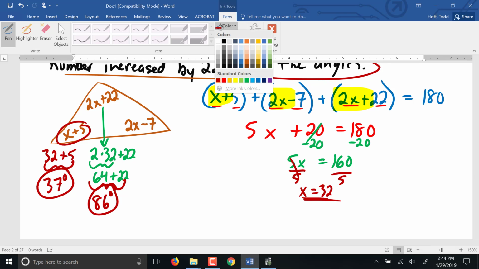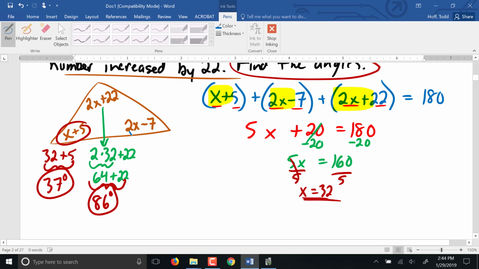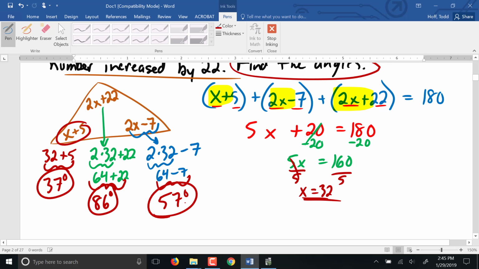That's 86 degrees. Finally, this one, 2x minus 7. Again, I put 32 in for x, so 2 times 32 minus 7. 2 times 32 is 64. And 64 minus 7 is 57 degrees. Now, I should at this point double check by adding those up, making sure they add to 180, and they do. So those are the three angles.